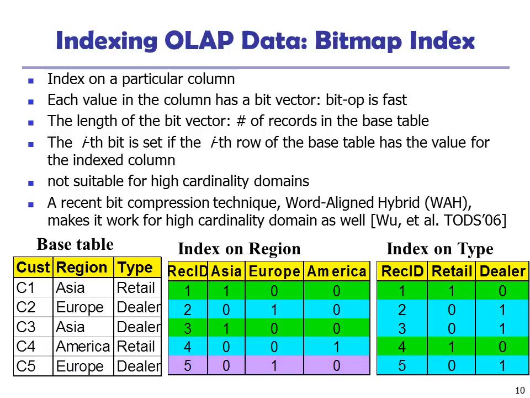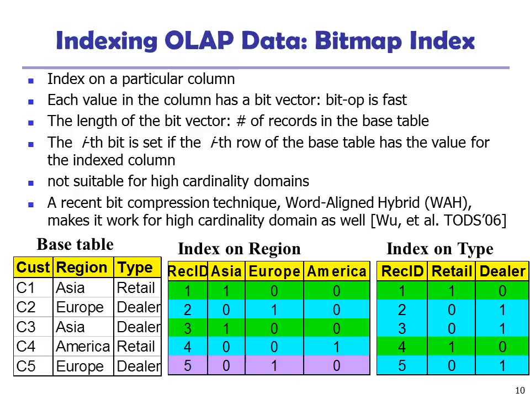So there are three different values that it can take. So instead of region, the index on region is going to have three different columns. So you have the record ID, which is going to map to your customer ID. Then you have three different columns, which represent the region.